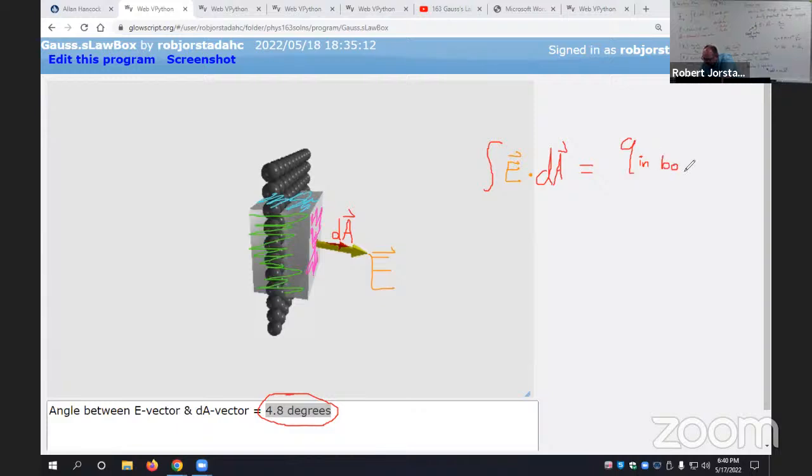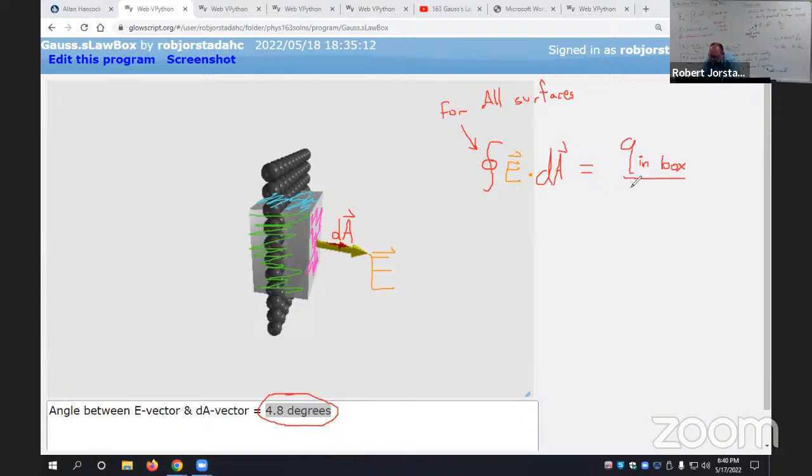So the box is closed, and this circle means over all surfaces. Sorry, I'm slow, but I just like the 3D visuals. So I apologize if this is painful for you to watch. Hopefully you could double speed it if it is.